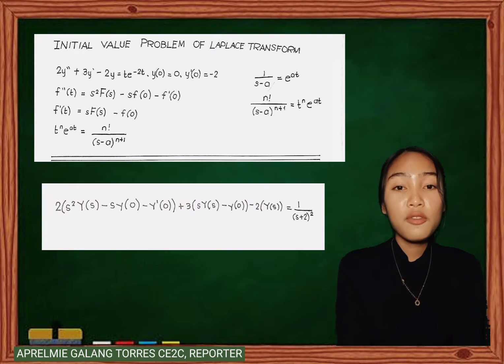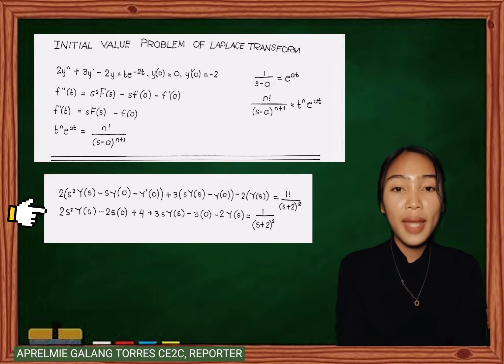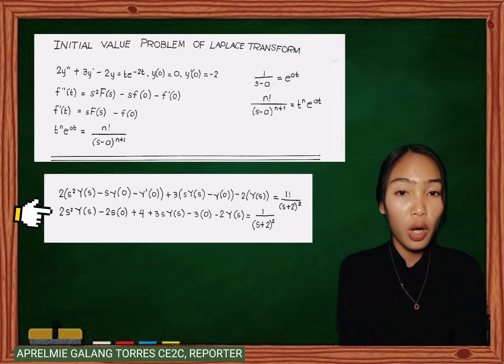So let's call this first 2s squared times Y of s minus 2s times y of 0, which we know to be 0. We have that there, so we plug in a 0, minus y prime of 0, which we know to be negative 2. So we have minus negative 2, which is going to give us plus 2, but remember, we're multiplying by the 2 out in front, so it's actually going to be plus 4.